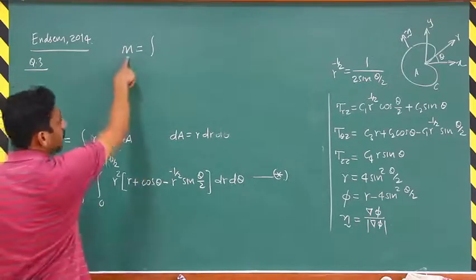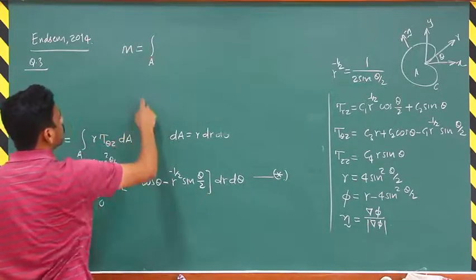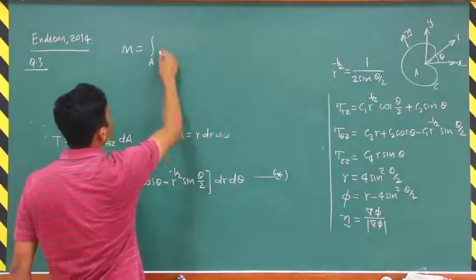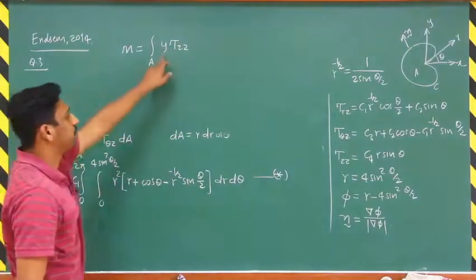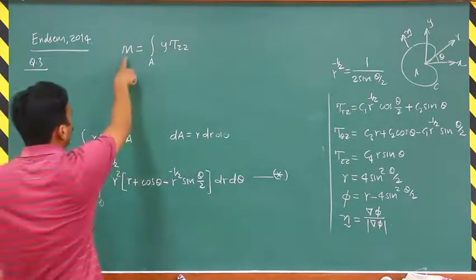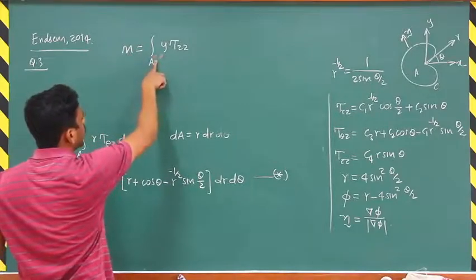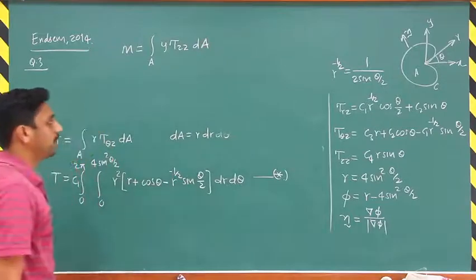This moment is being applied about the x-axis, so it is given by the integration over area of y times tau z. One should not use the radius here, because this moment is being applied about the x-axis.